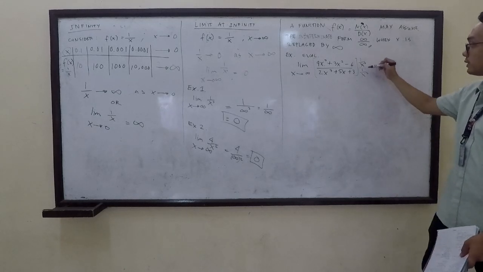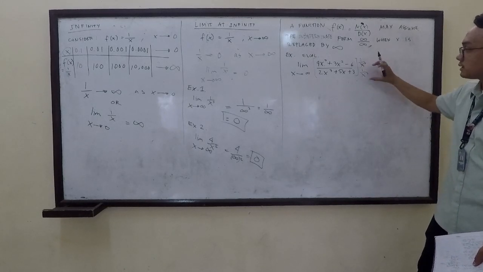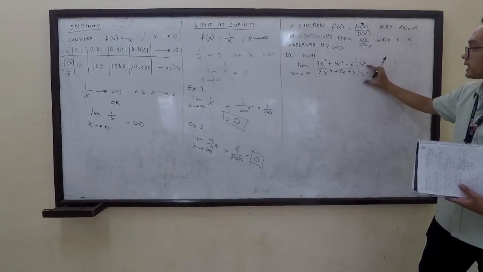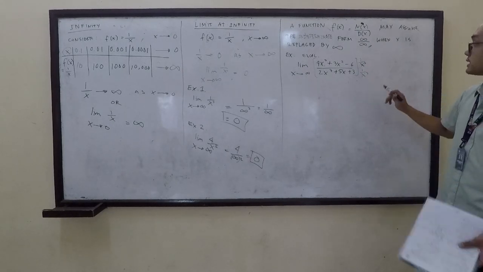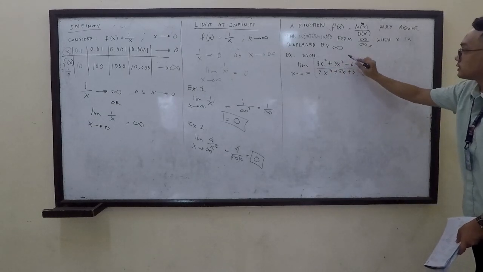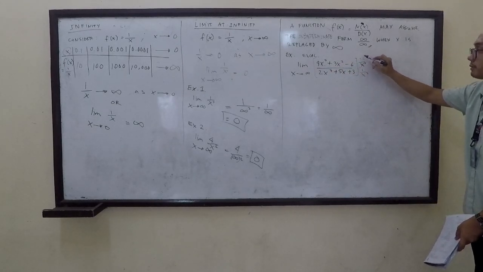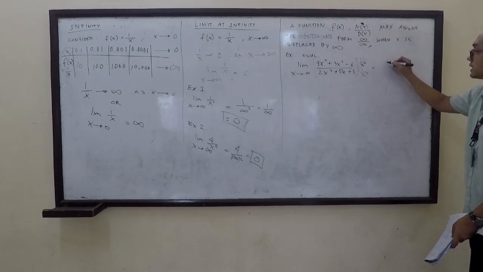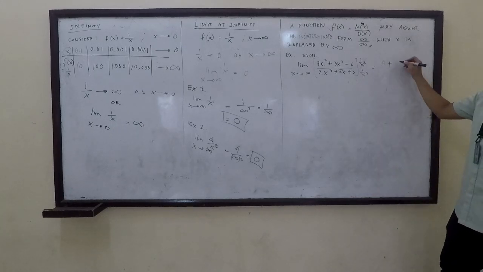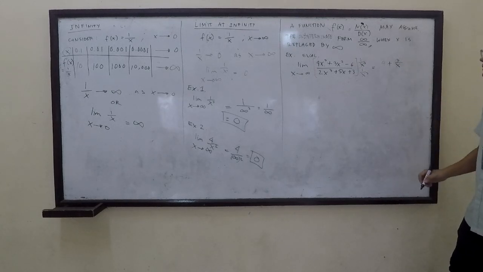Both the numerator and the denominator must be divided by the highest power for the answer to be valid. So 4x cubed times 1 over x cubed is just 4. Then 3x squared divided by x cubed is 3 over x.